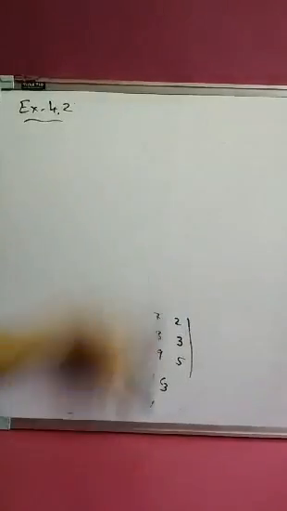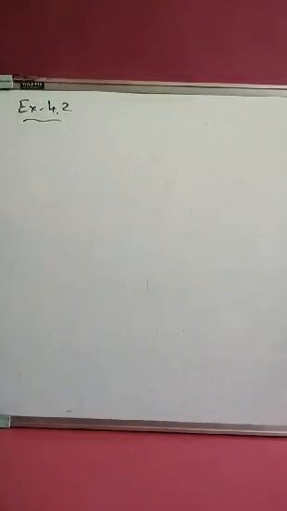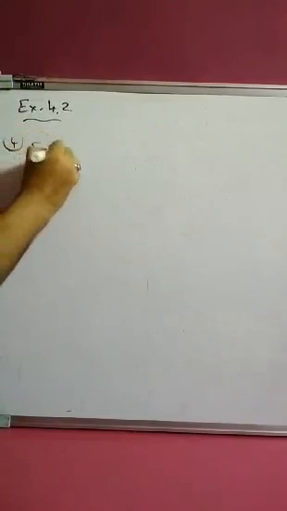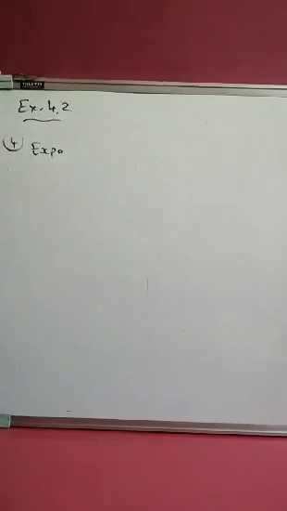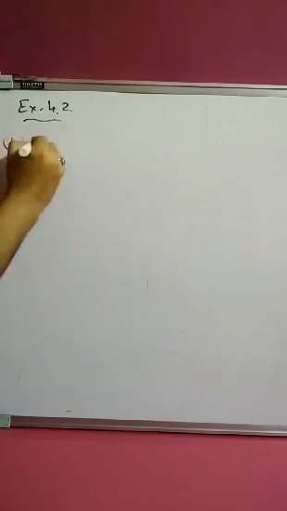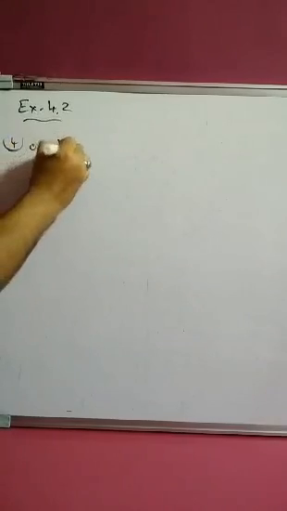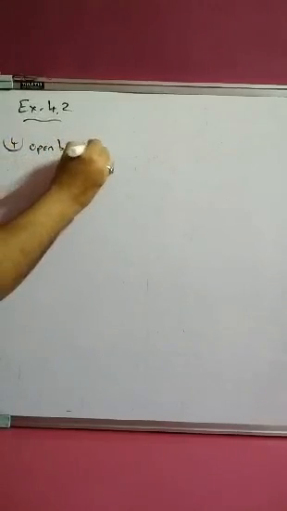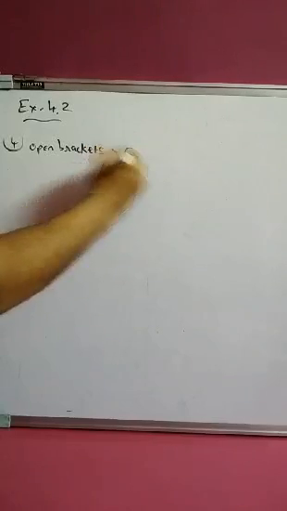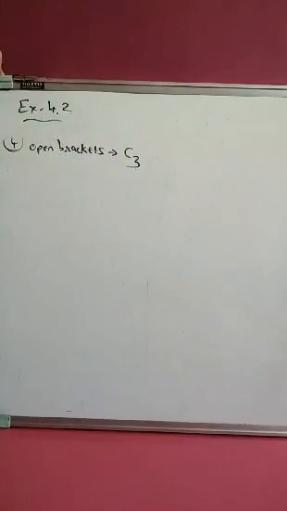Now fourth question, I will tell you what to do. In the fourth question, first of all, open the brackets in column 3. If you open the bracket, then you will get AB plus AC, BC plus AB and CA plus CB.